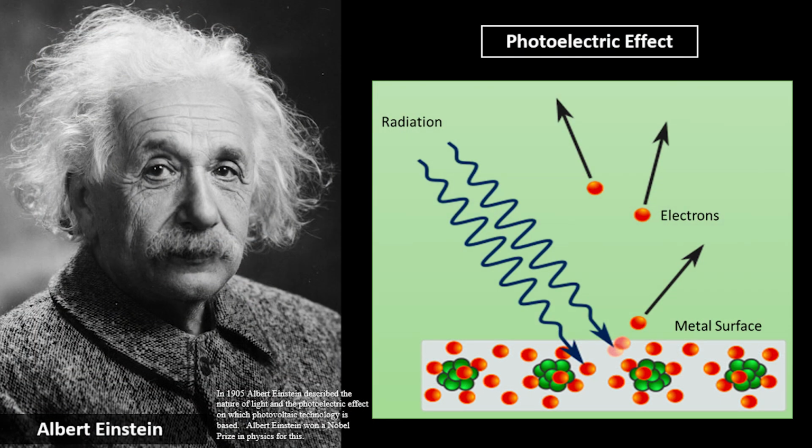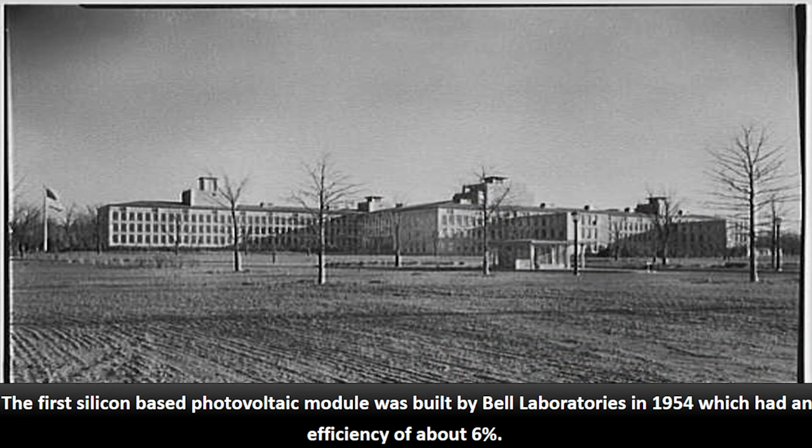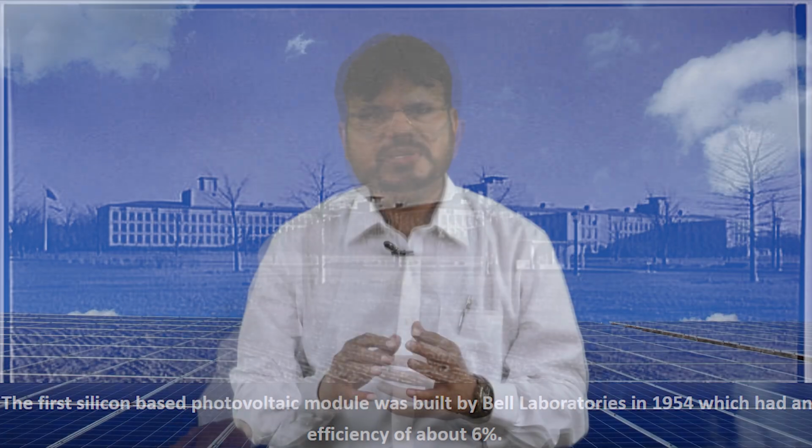In 1905, Albert Einstein described the nature of light and the photoelectric effect on which photovoltaic technology is based. Albert Einstein won a Nobel Prize in physics for this. The first silicon-based photovoltaic module was built by Bell. It was too expensive to gain widespread use.